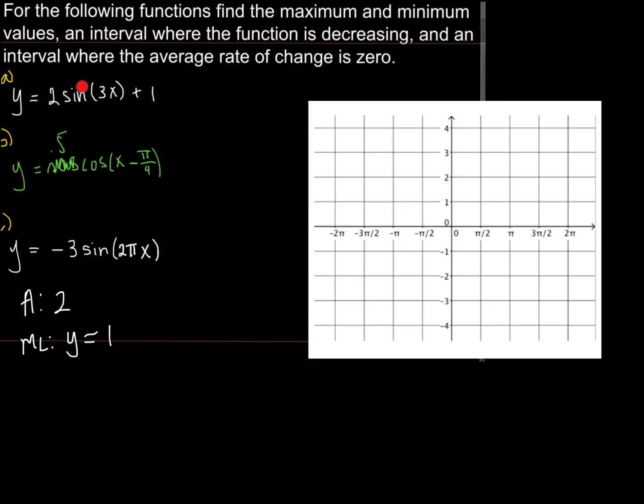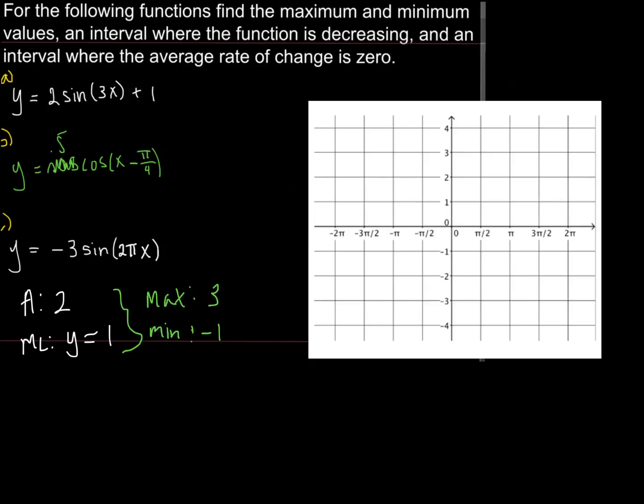Well, the minimum value of sine is -1. 2 times -1 is -2. So I could go 2 below +1. So these two things here tell me that the maximum is going to be 3, and the minimum is going to be -1.